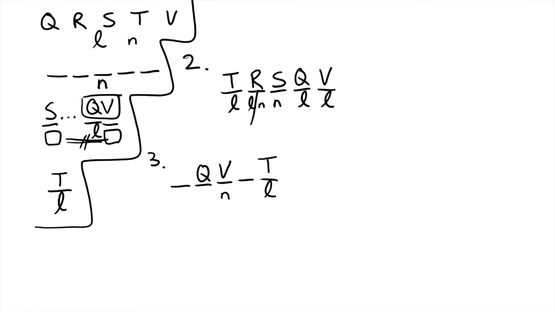And it couldn't be 3 and 4 because Q has to be local, not non-local. So the only place we can fit that is here so that Q could be local and so that Q and V could be after S, which of course would have to go in spot 1 here. That's the only way that it can fit before Q and V, which of course only leaves one more letter, R, to go in spot 4.